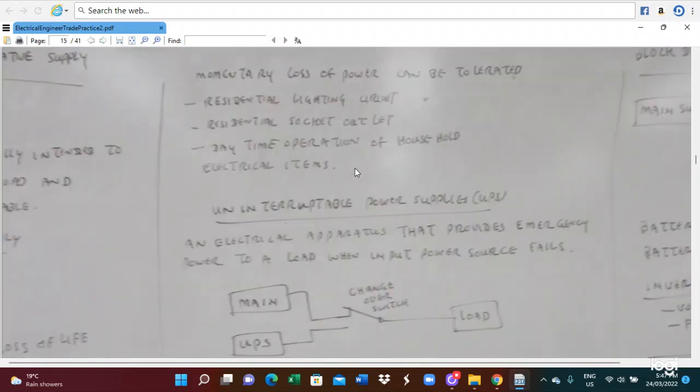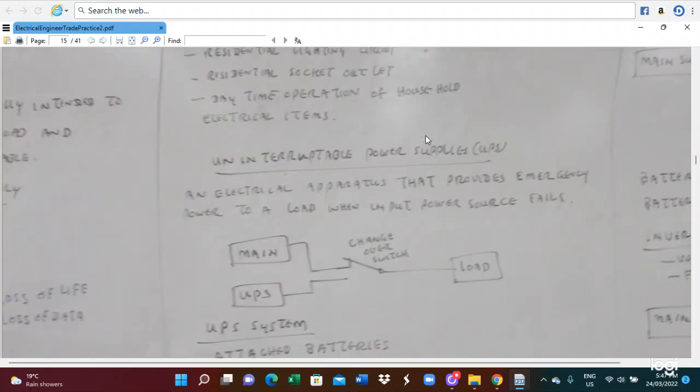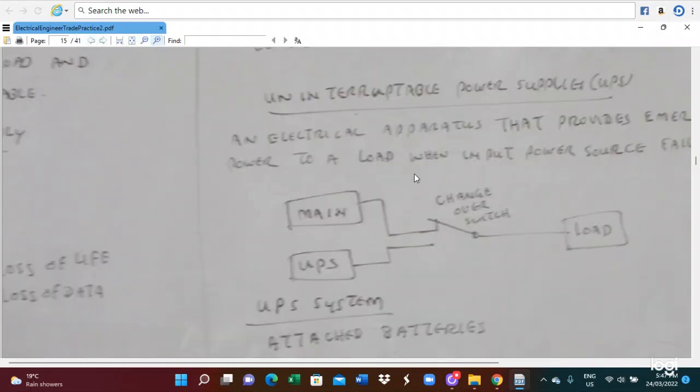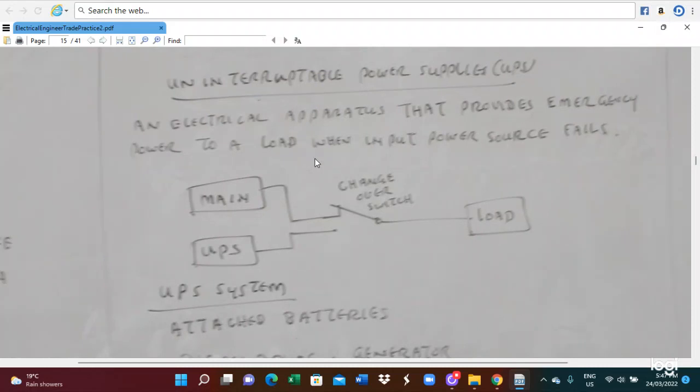Momentary loss of the power can be tolerated in residential lighting, residential socket outlets, and daytime operation of the household and essential electrical items. So those items require the standby power supply. An interactive power supply is a connection where the electrical load associated with the device is supplying the essential electrical load.